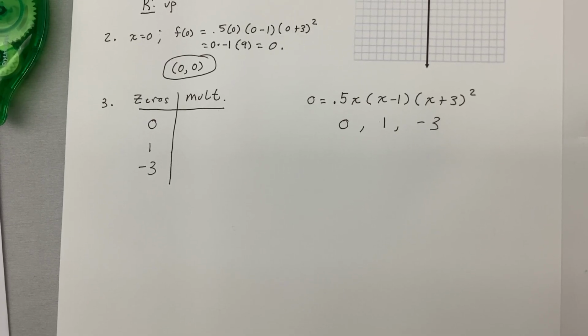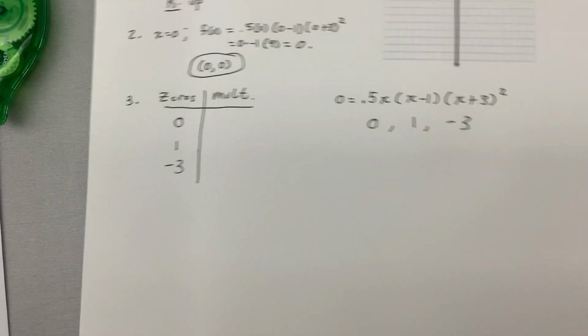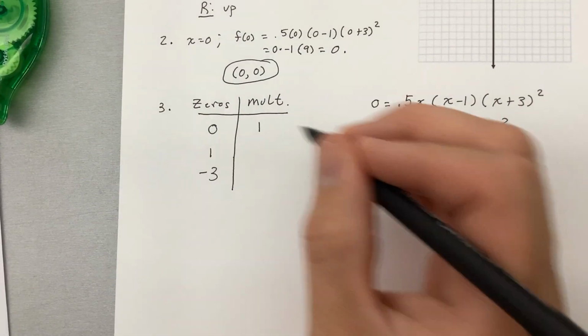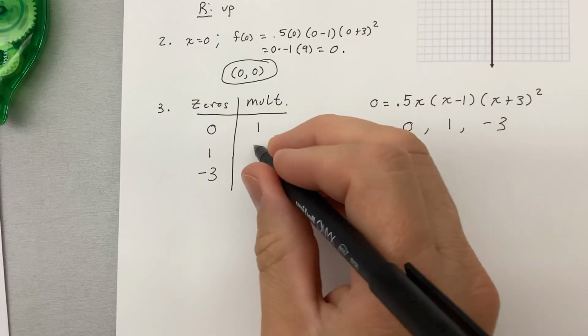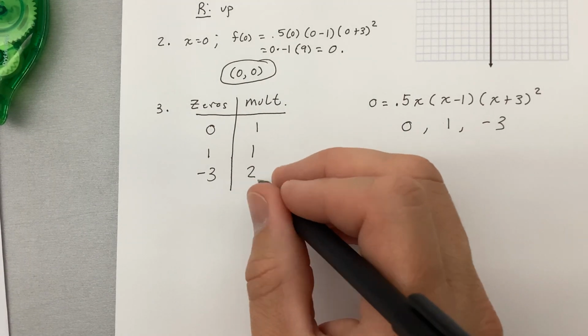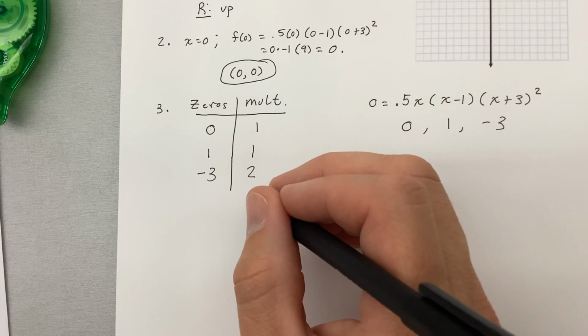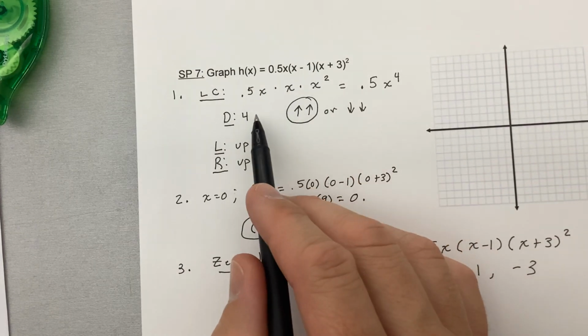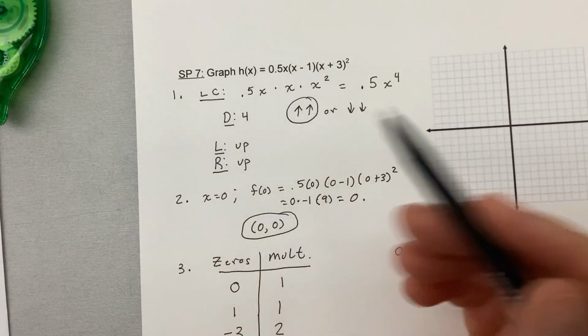Zeros, I came up with 0, 1, and negative 3. Agree? Multiplicity for 0, I believe, is 1. I think that's 1. What's your multiplicity for negative 3? 2. 1, 1, and 2 adds up to what? 4. And we said at the beginning we did have a degree of 4, so that's good.